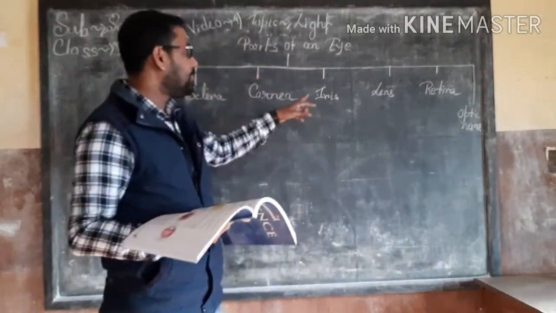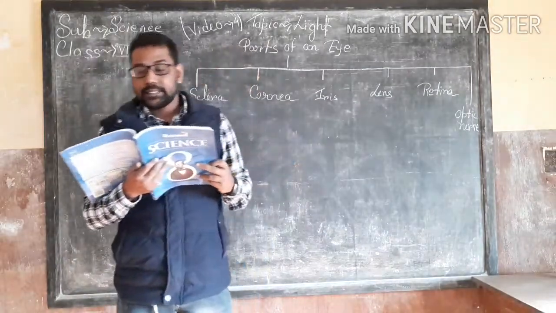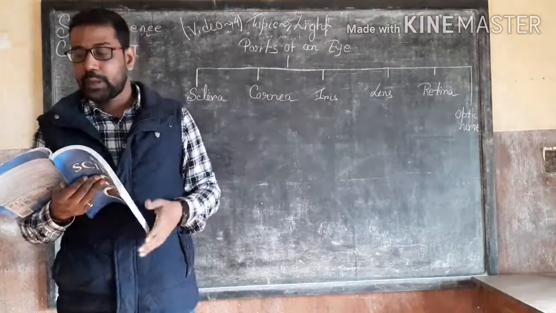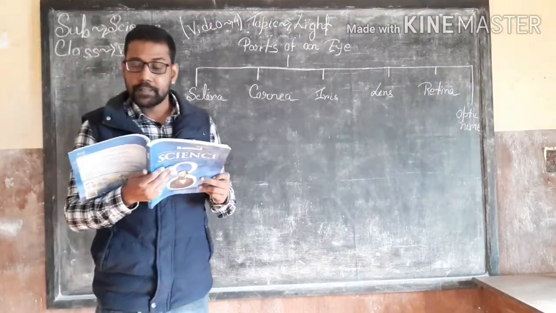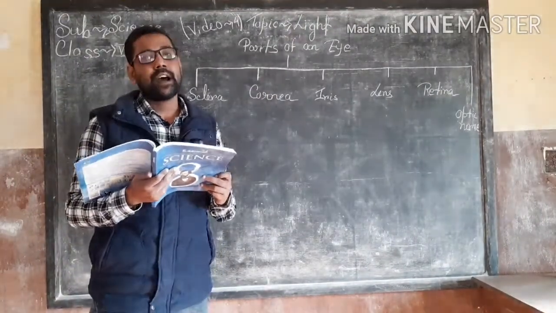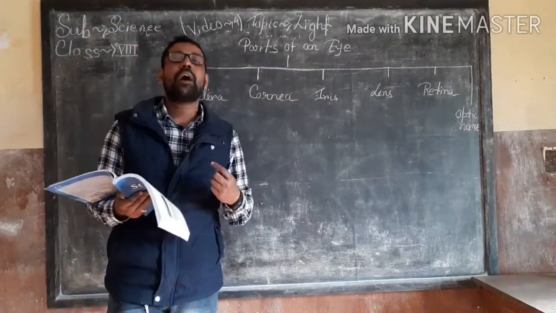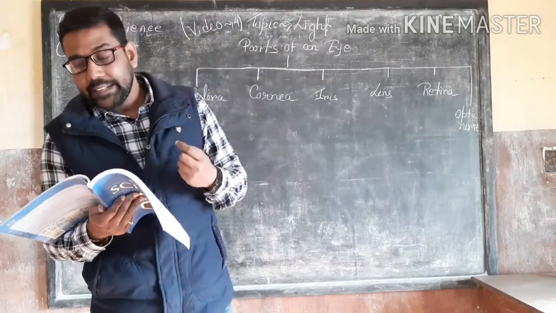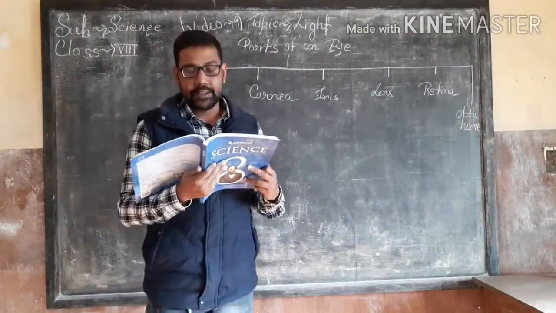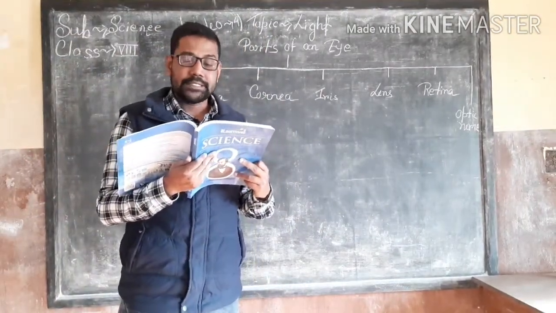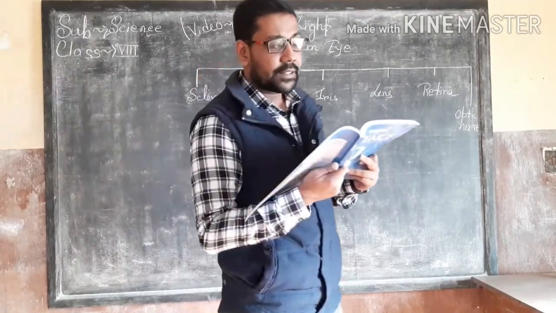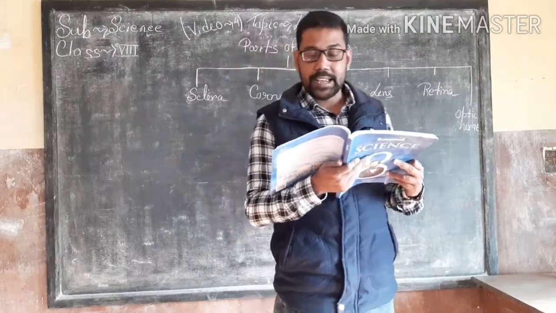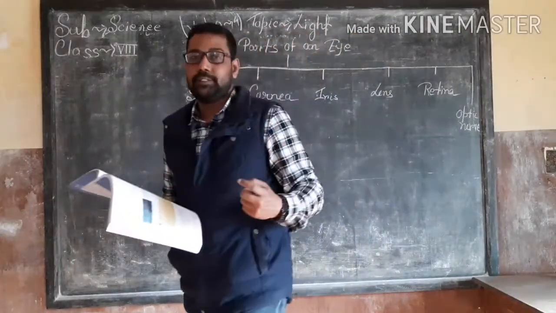Next, the iris. The colored part of the eye behind the cornea is called the iris, and it regulates the amount of light entering the eye by adjusting the size of the pupil.